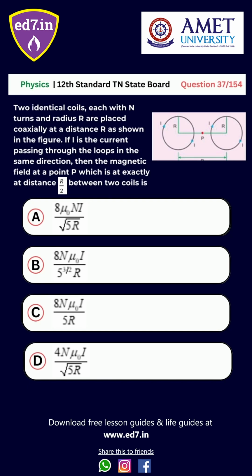If I is the current passing through the loops in the same direction, then the magnetic field at a point P, which is at exactly a distance r by 2 between the two coils, is: option A, 8n mu naught I by root 5 R; B, 8n mu naught I by 5 power 3 by 2 R; C, 8n mu naught I by 5 R; D, 4n mu naught I by root 5 R. The right answer is option B, 8n mu naught I by 5 power 3 by 2 R.